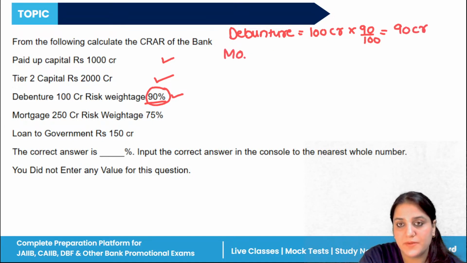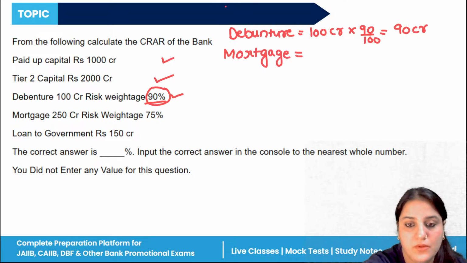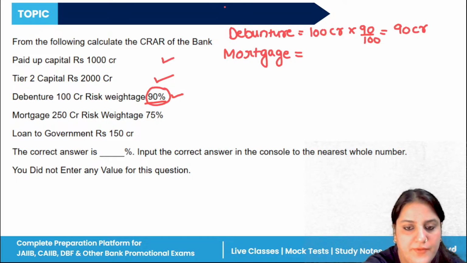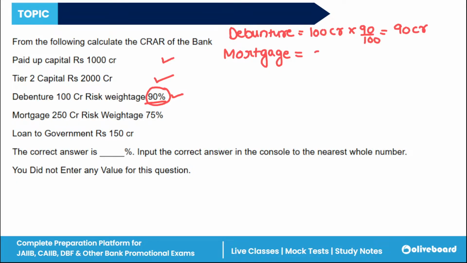Same with the mortgage. Here it is equals to, mortgage are equal to 250 crore. So 250 crore multiplied by 75%, which is equals to 187.5 crore. Now if you see, loan to government having zero type of risk, because no risk in that case.